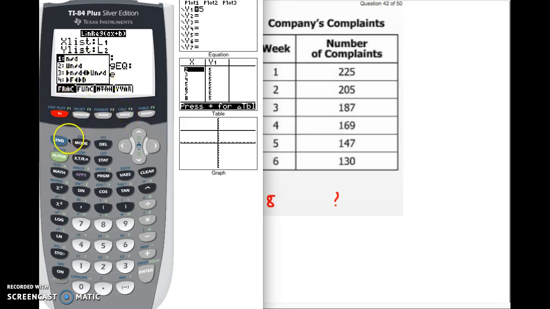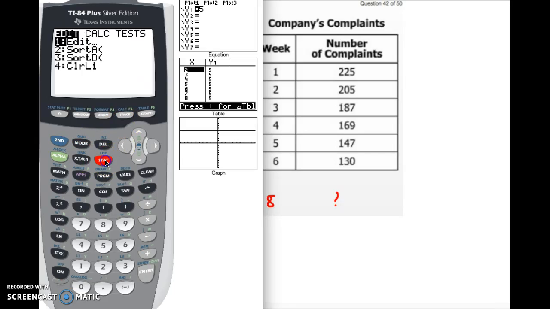If you actually come over to alpha trace, you have a y1 hiding there. All right, now that one's a little harder to remember to do. So again, it's alpha trace is where you can get the y1, and then it's sitting there for me. So stat, over to calc, the fourth option, when you're arrowing through these, alpha, calc, y equals, and calculate it.